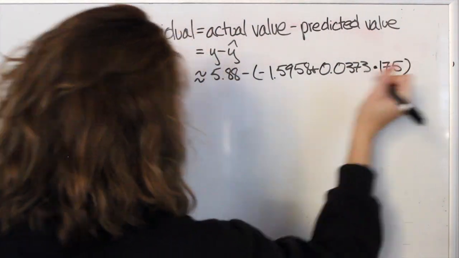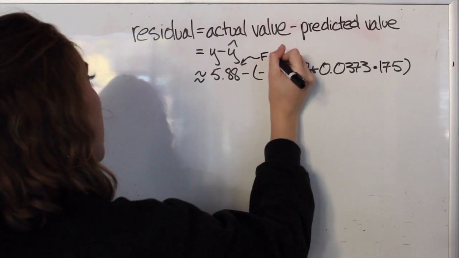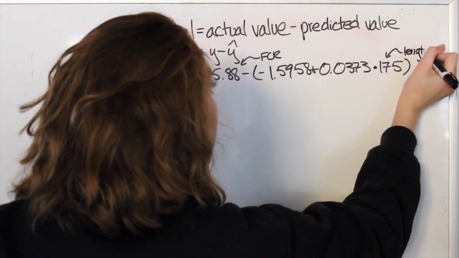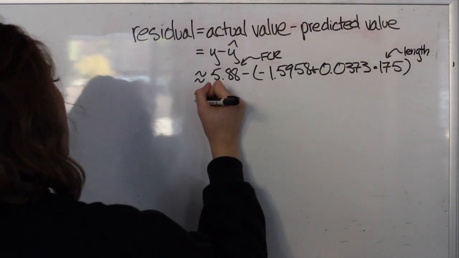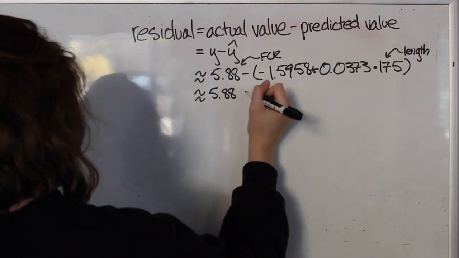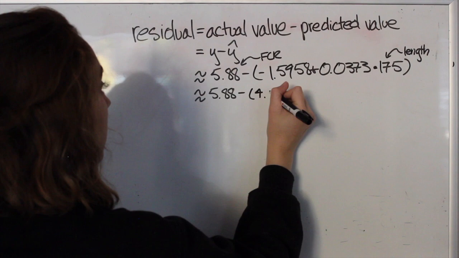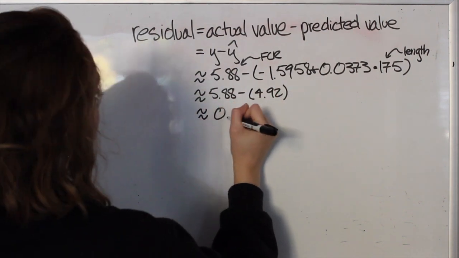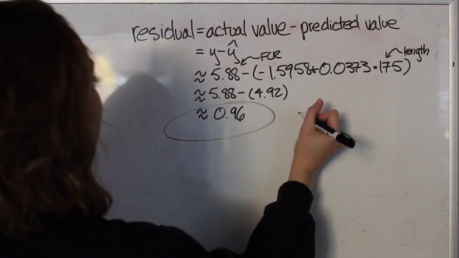The residual ends up being positive. It's actually 0.95, which indicates that for a car with a length of 175 inches, which is point A, the regression model has underpredicted its FCR by 0.95 gallons of gasoline per 100 miles traveled.